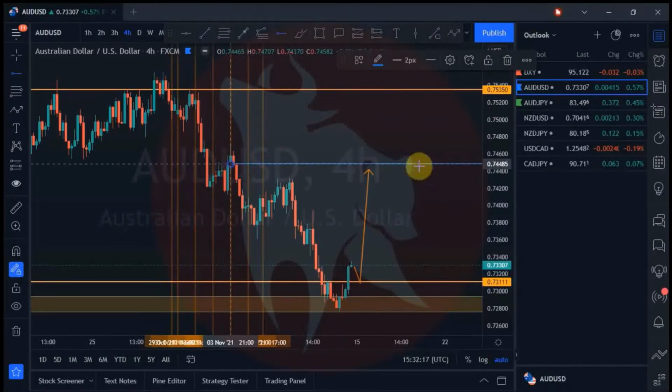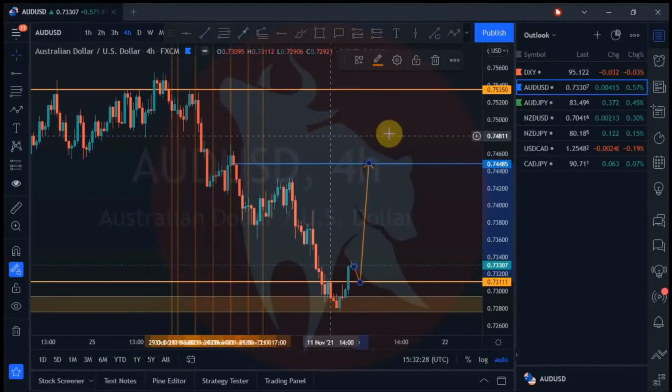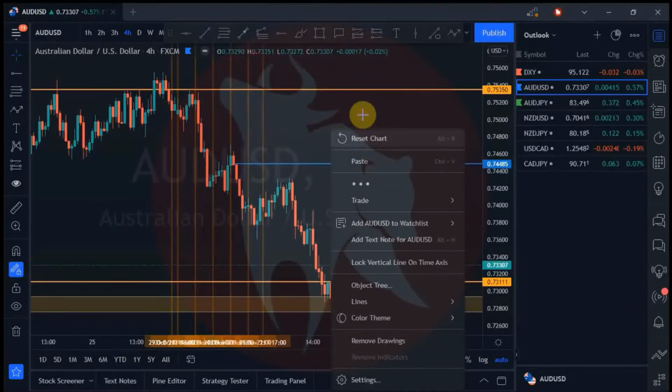So going into next week, I'm going to be bullish on AUDUSD, or the Aussie dollar.